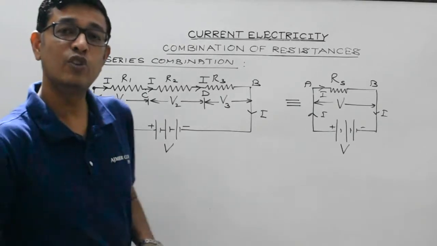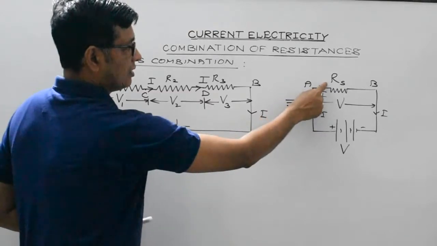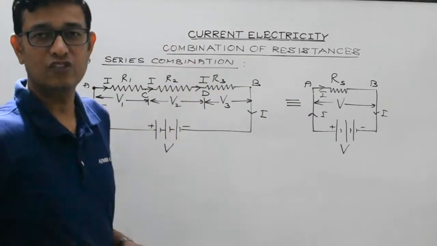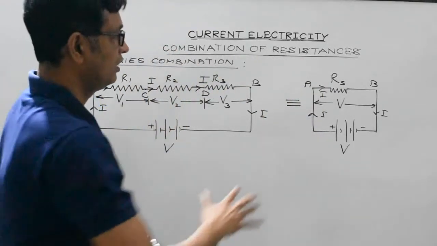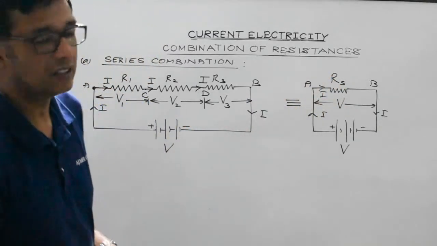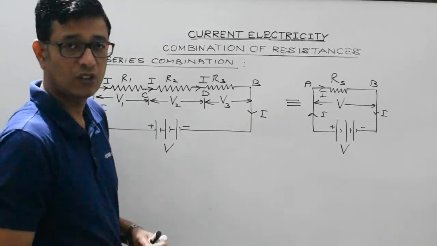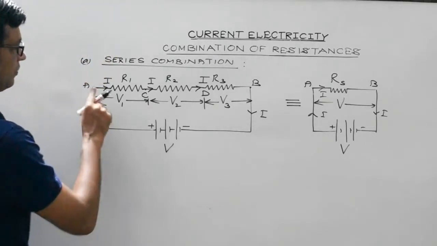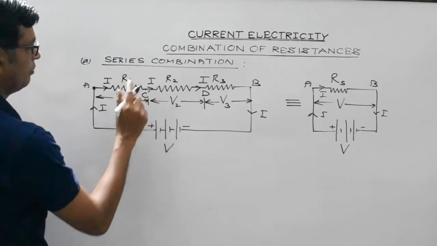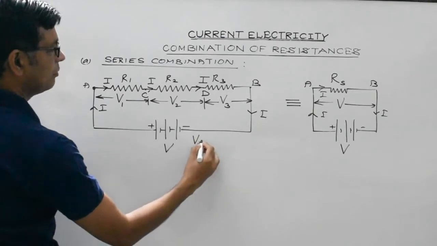So what we intend to do is determine a relationship between RS and R1, R2 and R3, right? So we need to determine the equivalent resistance in the series grouping of resistances. For that, let's make use of Ohm's law. First and foremost, the potential difference between the points A and C. Look, VA minus VC.